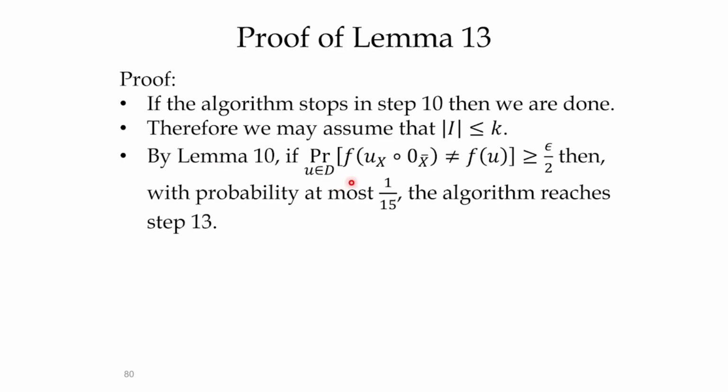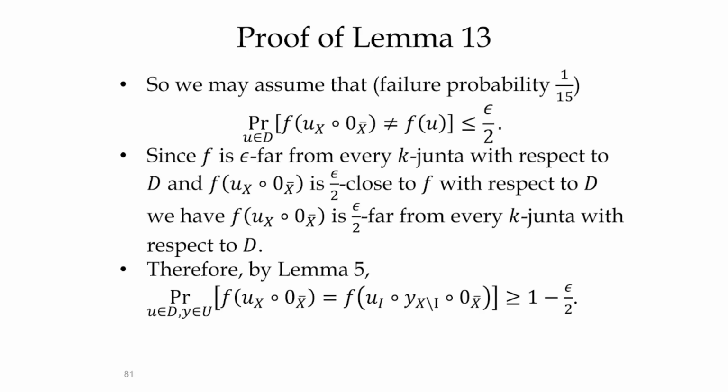By lemma 10, if the probability, with U in D, of course, that the function on U subscript capital X concatenation 0 subscript capital X bar is not equal to f of U is greater or equal to half epsilon, then with probability at most 1 divided by 15, the algorithm reaches step 13. So we may assume that the failure probability is 1 divided by 15.